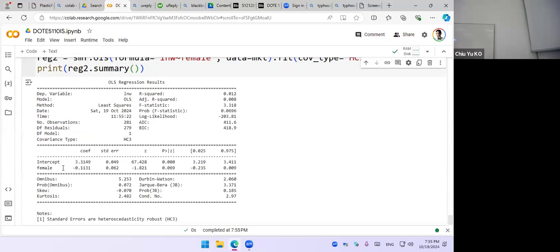Now, the coefficient is 11%. So our best estimate is that women make 11% less than men, but the p-value is more than 5%.